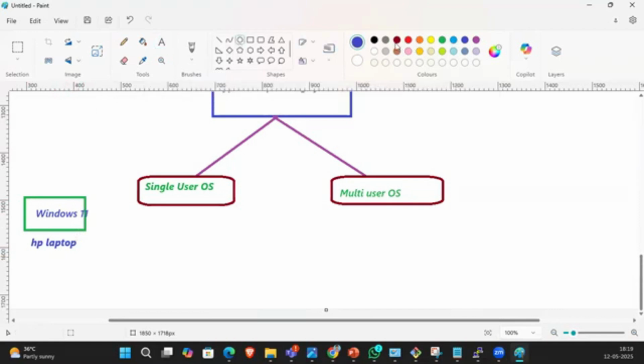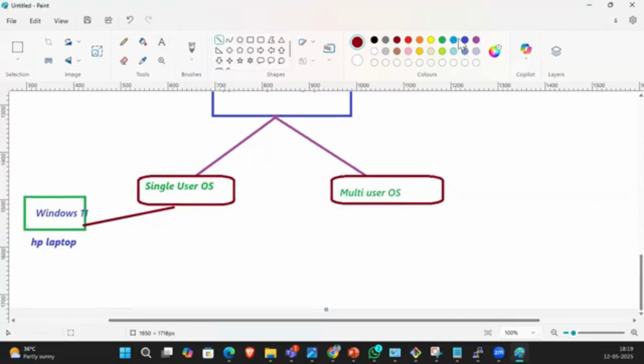Only one, right? So now you understood the single user operating system. Single user operating system means we can connect only one user at a time and operate it.